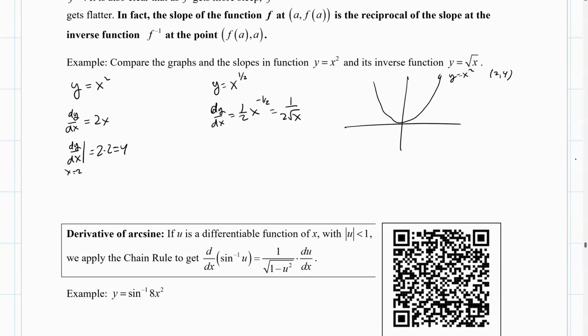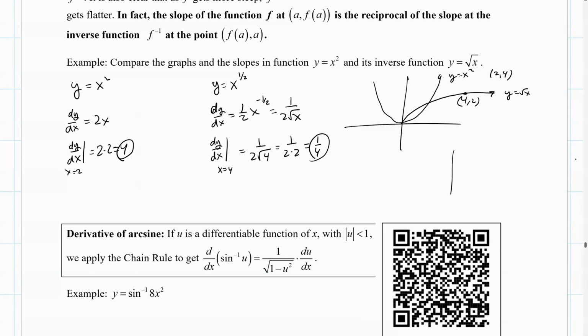Now, this is my graph of y equals the square root of x. What is the corresponding point on the inverse function curve? Well, that would be the point (4, 2). So dy/dx at x equals 4 is equal to 1 over 2 times the square root of 4, which is 1 over 2 times 2, which is 1/4. One has a slope of 4, the other has a slope of 1/4, and we could do that all day. All right, so big idea.